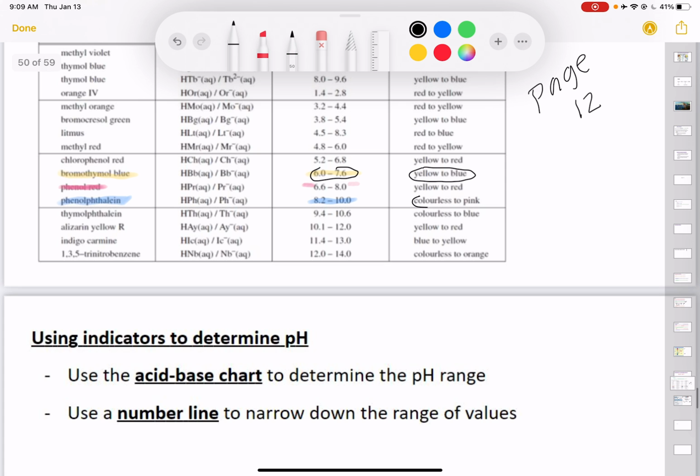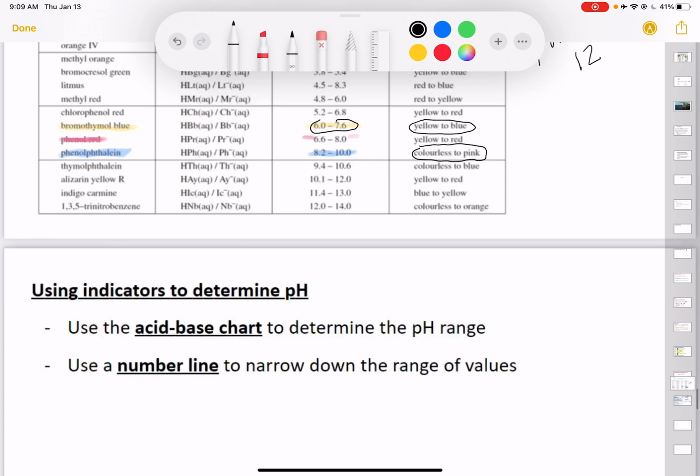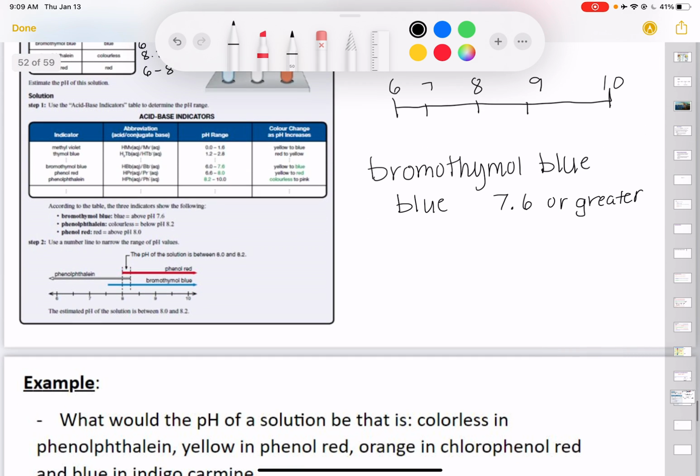Colorless means that it's 8.2 or less. I'm going to write that here.